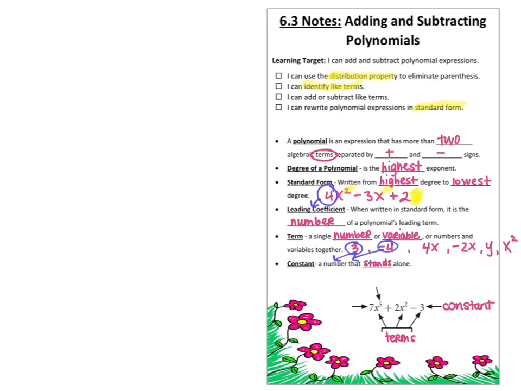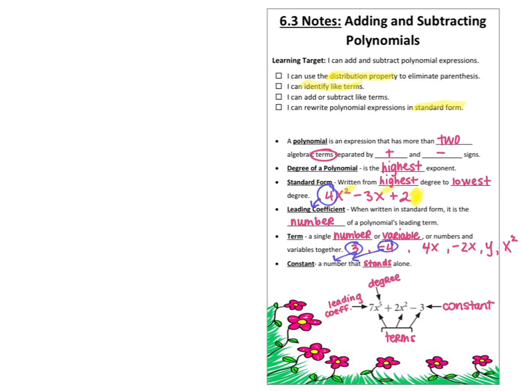Our degree is dictated by that highest exponent, that is 5, so our degree would be 5 for this polynomial. And our leading coefficient is attached to the highest exponent. It is the number in front, so that 7 is our leading coefficient. And I just abbreviated it there.